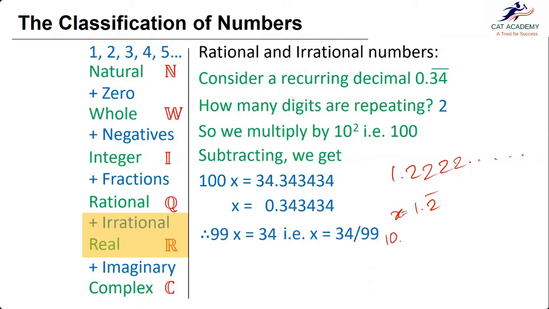So 10x is equal to 12.222, or 12.2 bar. Take a difference. So 9x is equal to 11. x is equal to 11 upon 9.